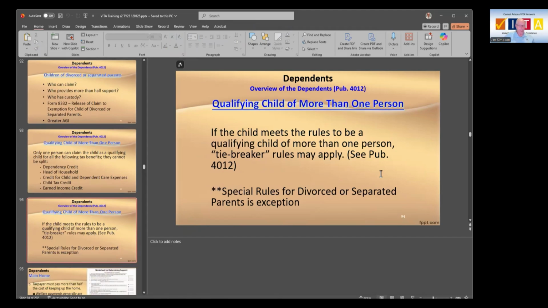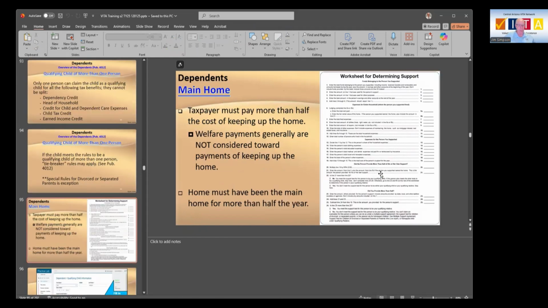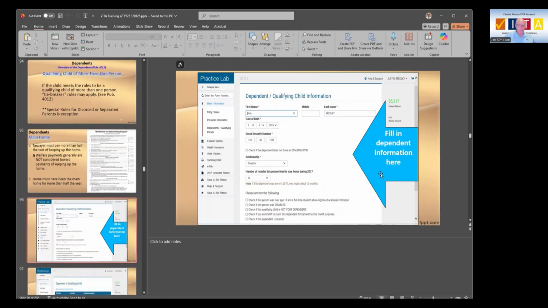I showed you that chart about special rules for divorced or separated parents. I showed you the worksheet for determining support if you need to use it. Here is a TaxSlayer screen. I won't go over this in TaxSlayer yet. We'll open up TaxSlayer in the next section and go over this. But I already talked about these questions that are in there.